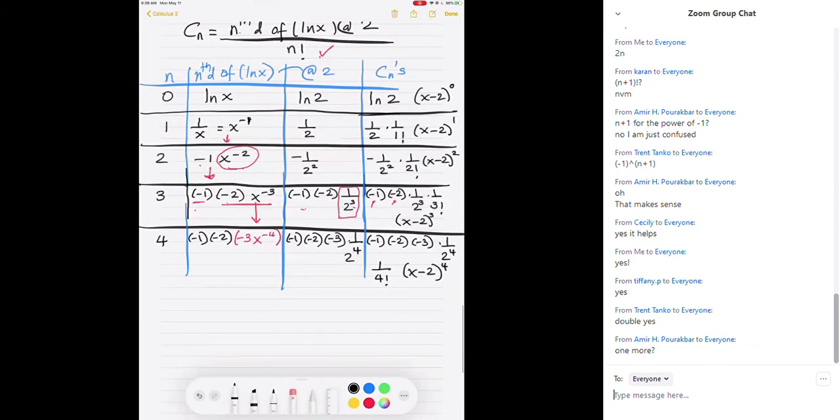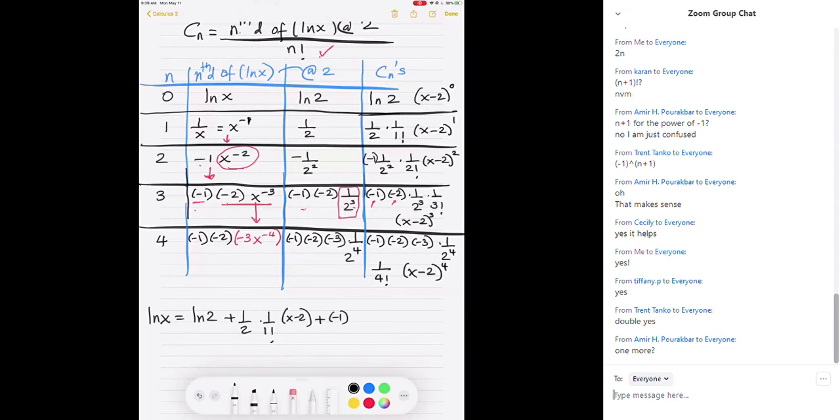So let's put it all together. So I'm just going to write it now. So I'm just saying, oh, what did I find till now? ln x seems to be ln 2 plus half times 1 over 1 factorial x minus 2 plus, notice how I write that. Can I write this as -1 so that you would see the pattern now?